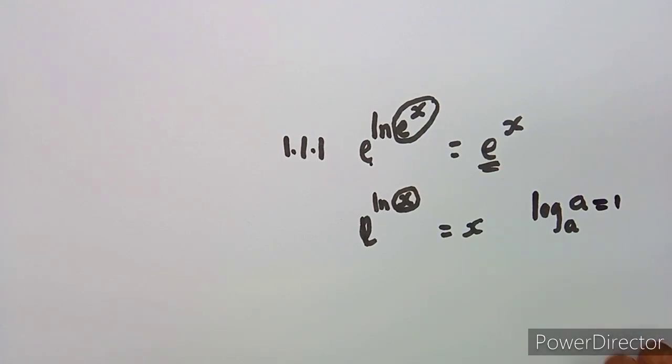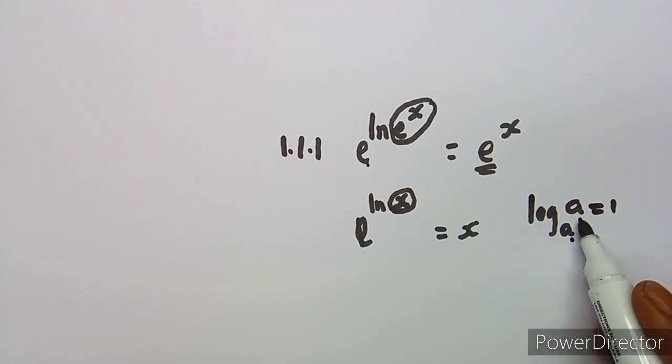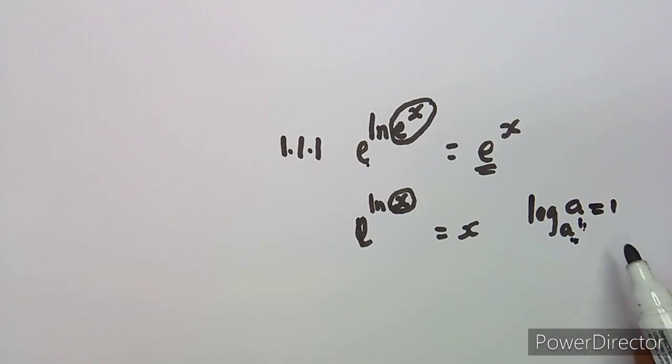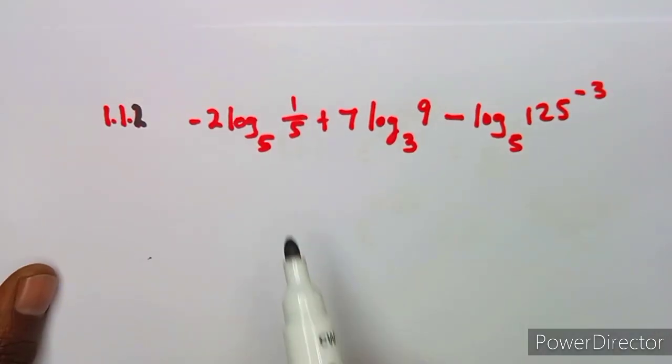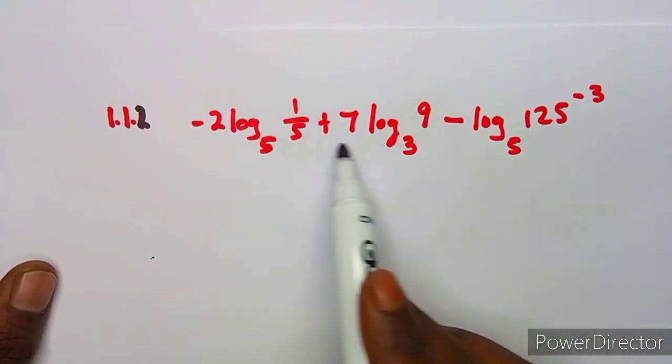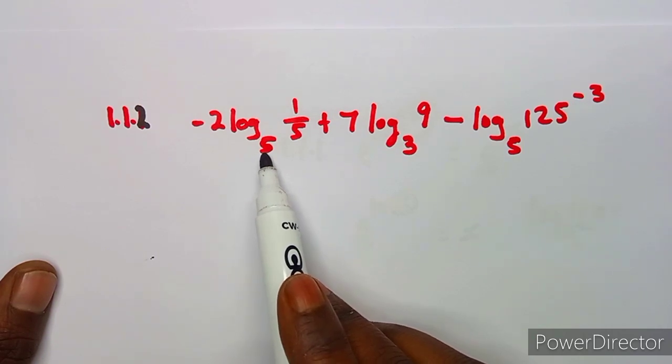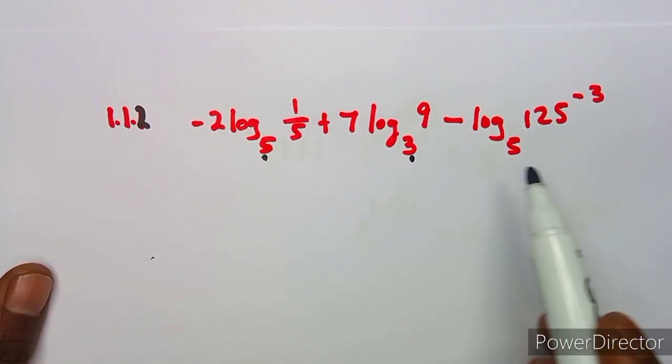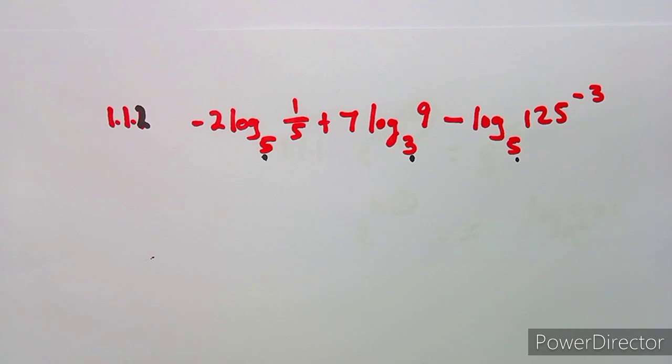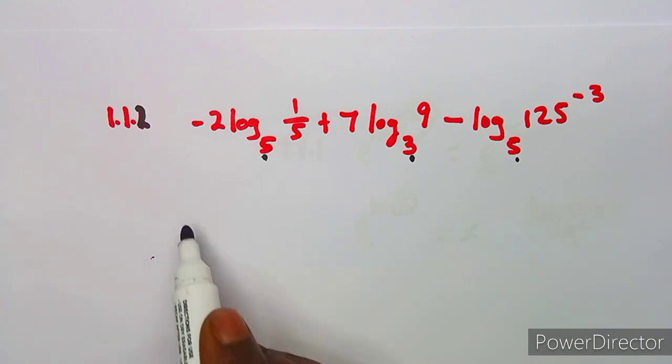So writing our logarithm in terms of a number and a base which are the same, we know that we are going to obtain a 1. So we have to write these numbers that we have here in terms of the bases, in terms of base 5 here, in terms of base 3, in terms of base 5. All right, so what are we going to do?